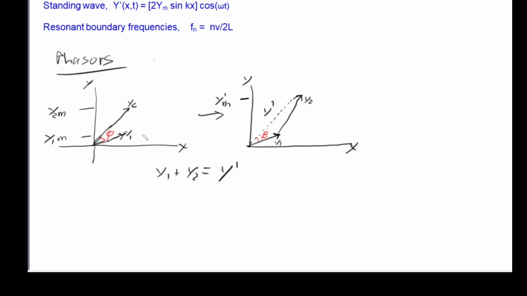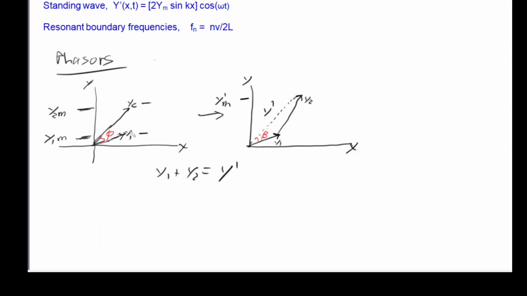Here you have wave y1 and wave y2 starting at the origin, and you can see the maximum amplitudes of those waves on the y-axis. And if we add the vectors like we do, putting the tail of y2 to the head of y1, we get our resulting vector y prime.